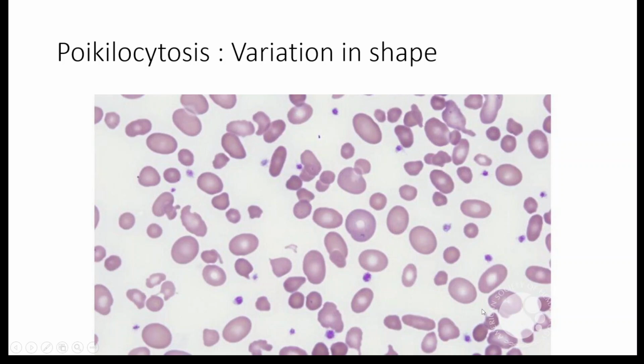So a combination of all these, with marked variation in the shape of the RBCs, is called poikilocytosis. Poikilocytosis is a very commonly used term associated with iron deficiency anemia. Iron deficiency anemia will be characterized by hypochromic RBCs, microcytic RBCs, and the presence of poikilocytosis.